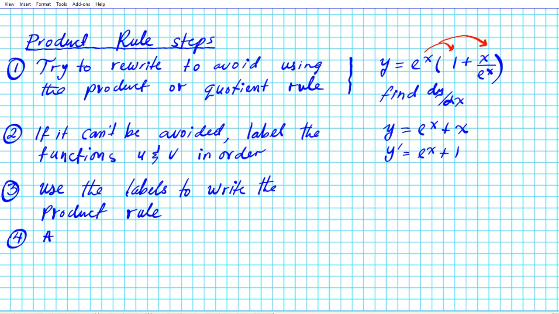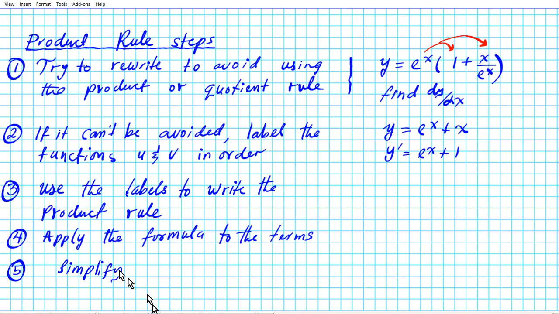Now you're going to apply the formula to the terms. And in certain cases, you have to simplify your expression. All right, so let's go ahead and take a look at an example.